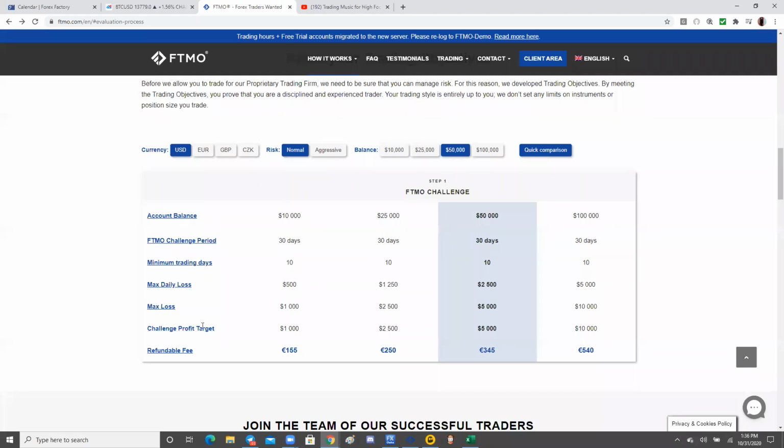The challenge profit target: with $10,000, you have to profit $1,000. That's your target. So even if you achieve this $1,000 within a day or two, you still have to wait the minimum of 10 trading days to pass the challenge, then go on to the verification process.